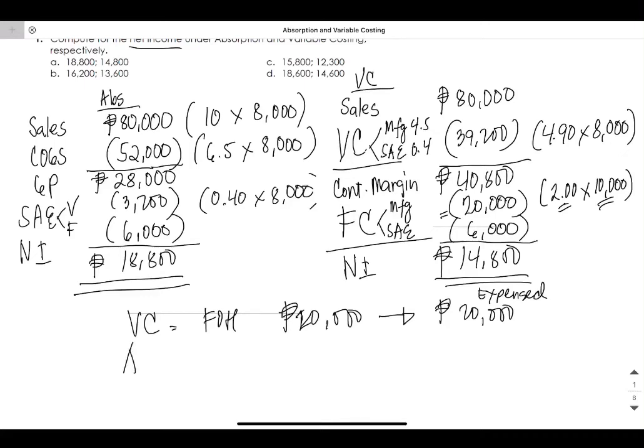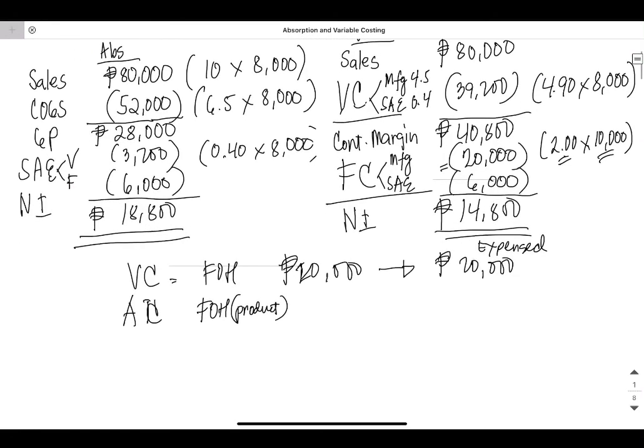However, under absorption costing method, fixed overhead is treated as product cost. And if it is treated as product cost, it will only be expensed, or only be presented in the income statement once the product has been sold.